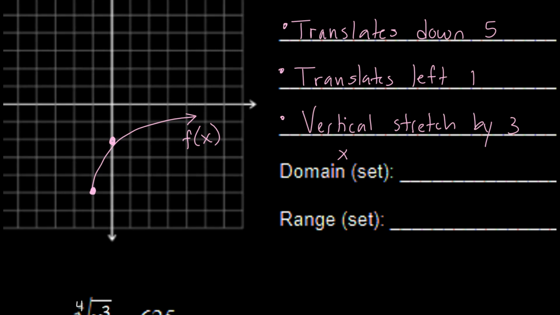Squiggly. How do I write this? x such that x is greater than or equal to -1. Right? All of our x values are bigger than -1.